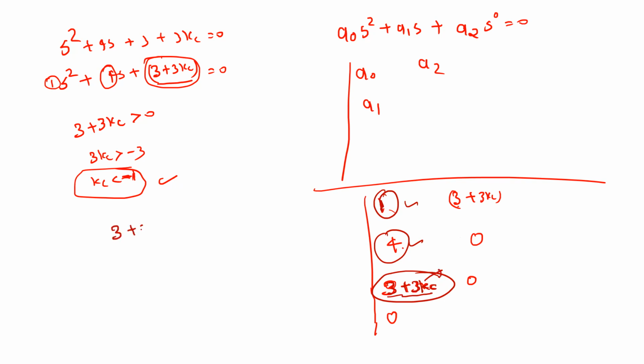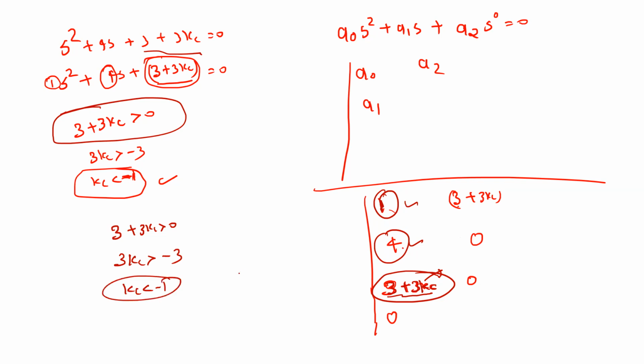So I can write 3 plus 3Kc should be greater than 0, and similarly I got this directly from here. So 3Kc should be greater than minus 3, so Kc should be greater than minus 1. So for all values of Kc greater than minus 1, the system will be stable.